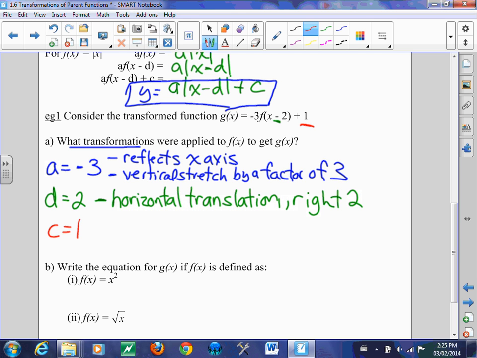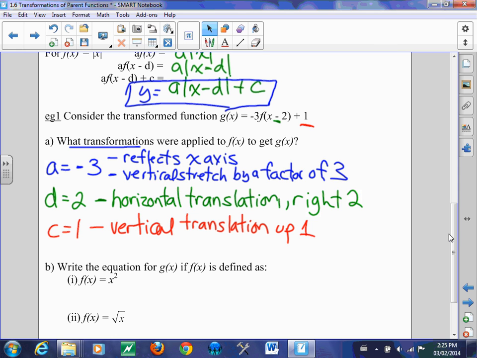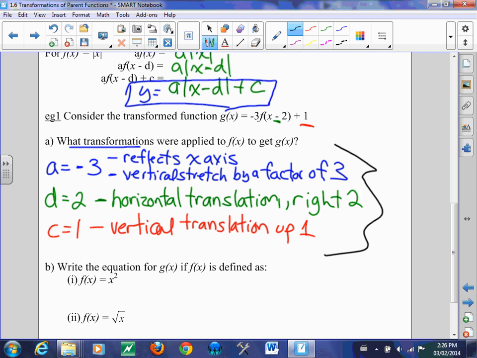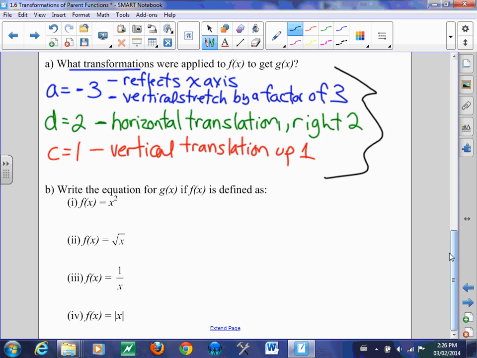So that tells us we have a vertical translation up 1. So what does that mean, ladies and gentlemen? We can take these transformations that we just described and apply them to any parent function. Okay? We just haven't specified which parent function we're taking a look at.